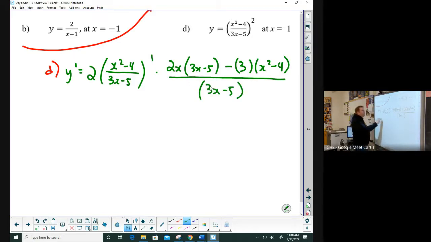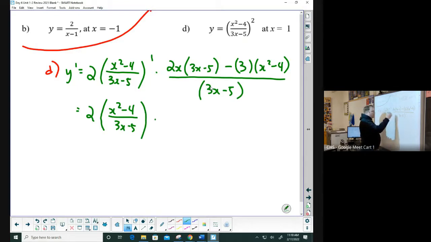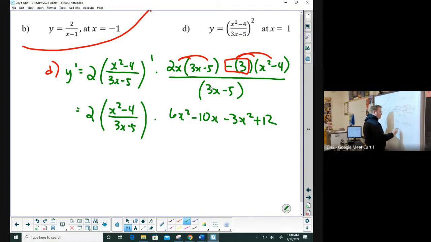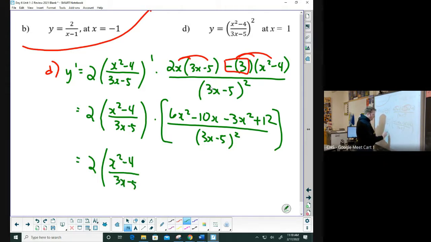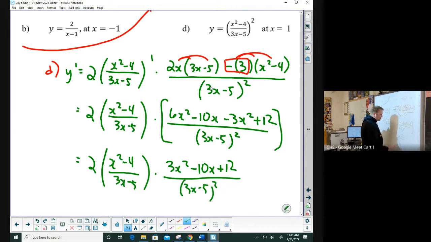I will simplify a little bit before I substitute. So that's 6x squared minus 10x minus 3x squared plus 12, all over (3x minus 5) squared. 6x squared minus 3x squared is 3x squared minus 10x plus 12 all over (3x minus 5) squared.